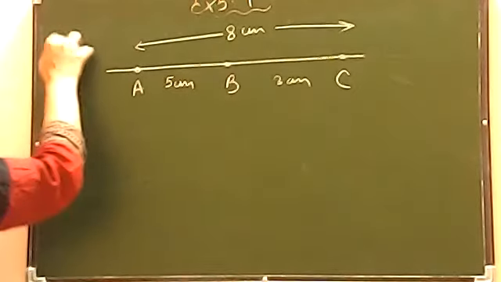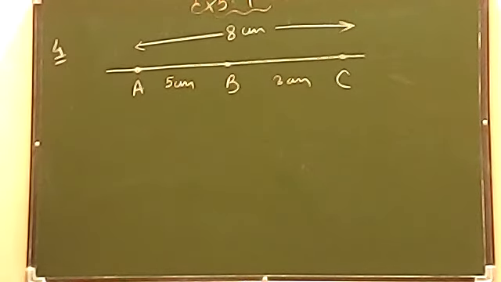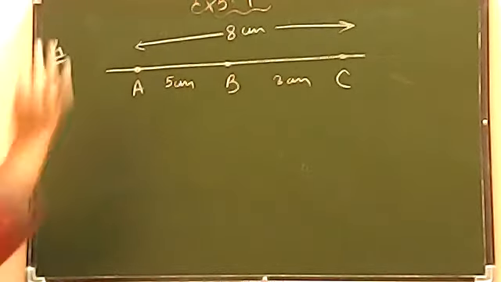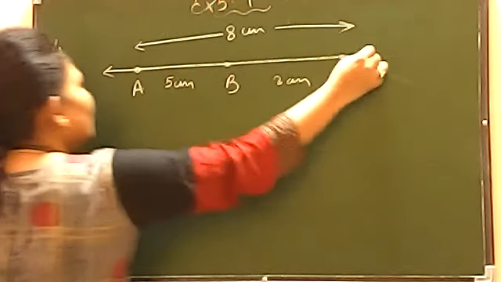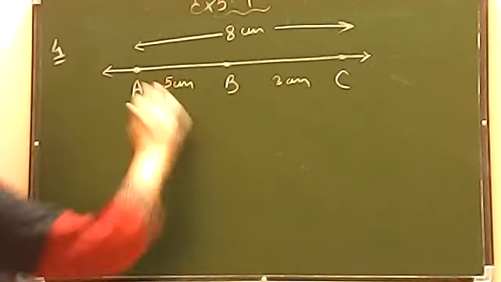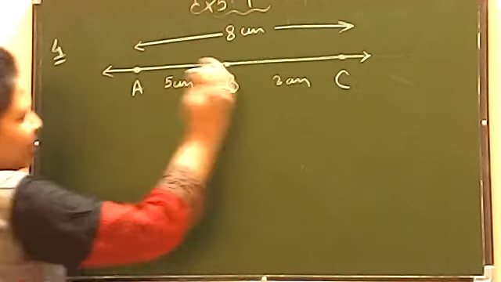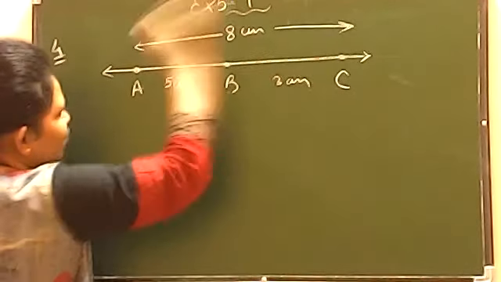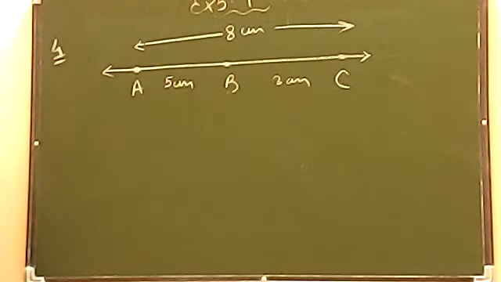Okay, this is question number 4. Now it says you have to see in this figure which point is lying between the other two. Look carefully: when we take A to B 5 centimeters, B to C 3 centimeters, and A to C is totally 8 centimeters, which point lies in between, meaning between the other two?